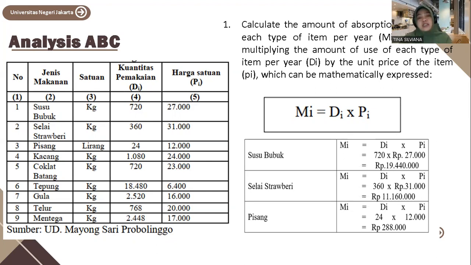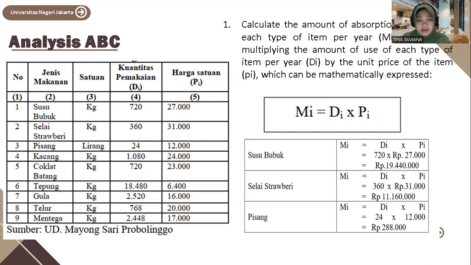First, calculate the amount of absorption of funds for each type of item per year, namely by multiplying the amount of use of each type of item per year by the unit price of the item, which can be mathematically expressed as MI equals TI multiplied by PI.